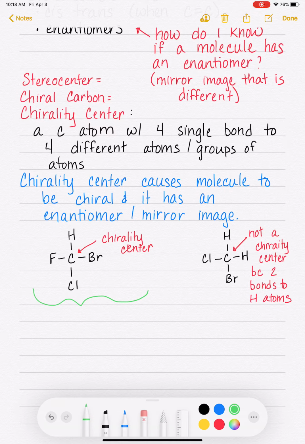A simpler way to say it is that this molecule will be different. It will not be the same as its mirror image. It will be different than its mirror image because of its chirality center. The other molecule, because it does not have a chirality center, will be identical to its mirror image.